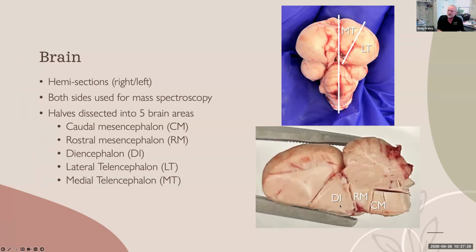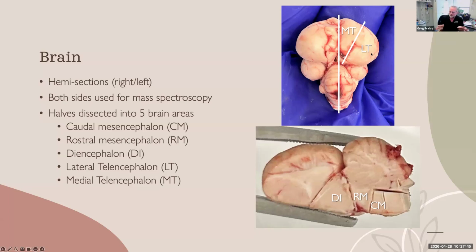The diencephalon: I call it the diencephalon here, but in reality, we also include the nucleus of the hippocampal commissure, which is a part of the septum as well, just to get that SHPA response or level or areas. We also dissect the telencephalon into medial and lateral components.